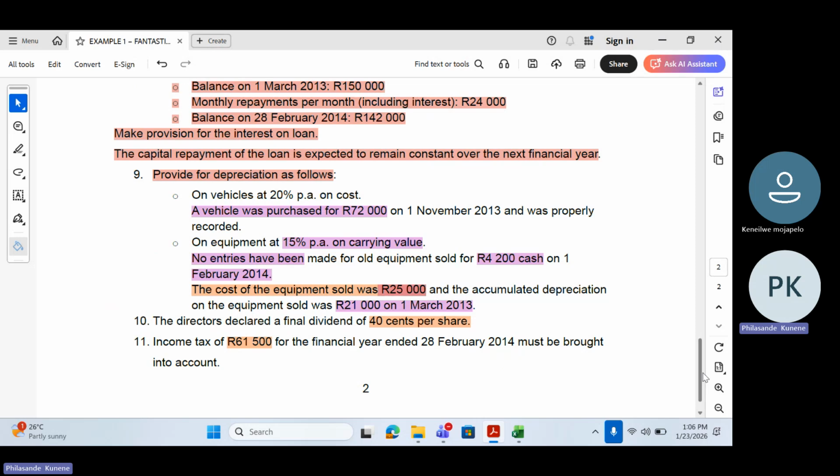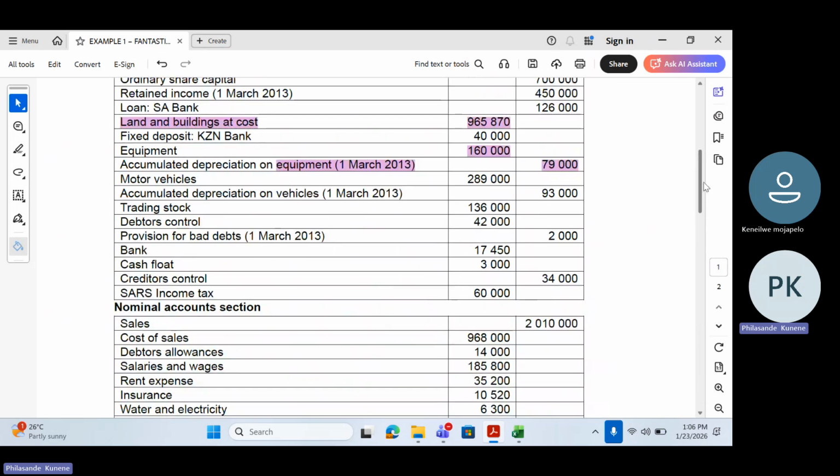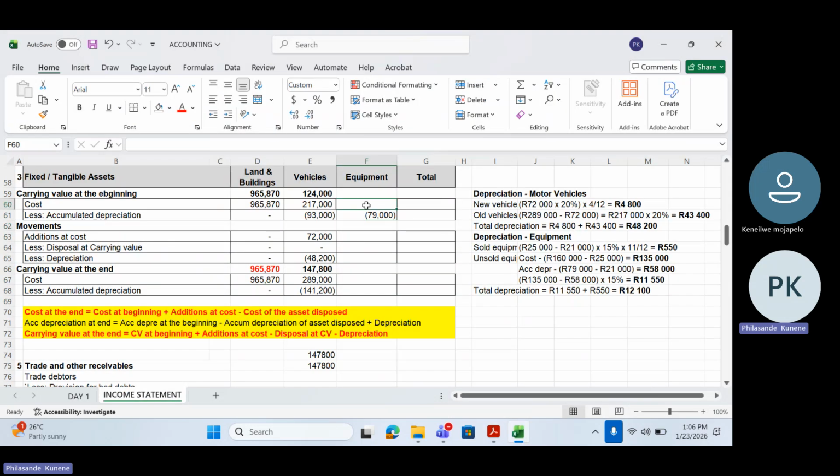Since it includes the sold one, is it the one at the beginning or at the end? It is at the beginning. So I am sure that this amount of 160,000 is the cost at the beginning also. So I can say 160,000 here.